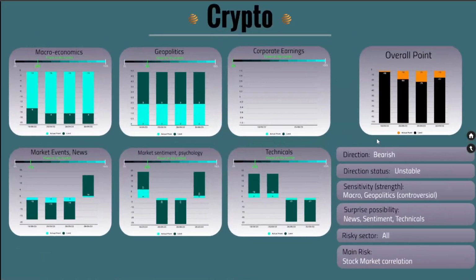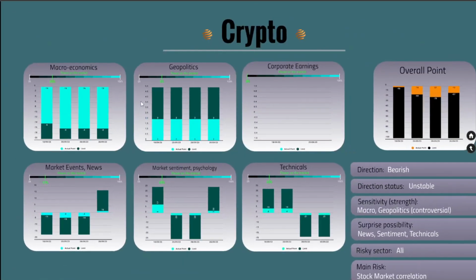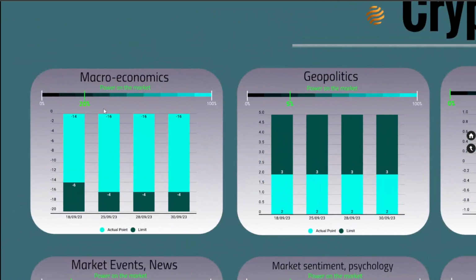And the crypto market is actually a very, very interesting one. So the macroeconomic effect is 20% on the market, but we know that there is a very low trading volume environment right now in the crypto market. So it's still weak. And on the other hand, this is not the full macro picture what we are following, because the crypto market is usually reacting only to the financial sector of the macroeconomic area.